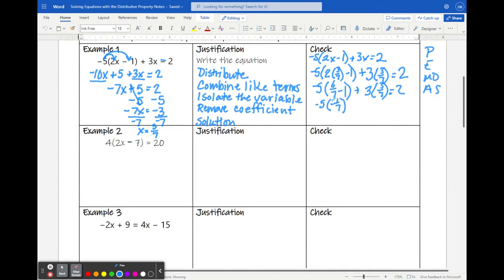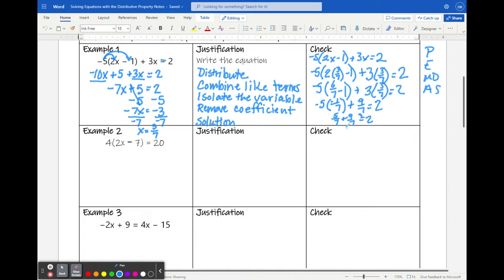Make sure I can see that that's a negative. Plus, and I can go ahead and simplify this, 3 times 3/7 would be 9/7 equals 2. Negative 5 times a negative 1/7 would be a positive 5/7, plus 9/7 could be equal to 2.